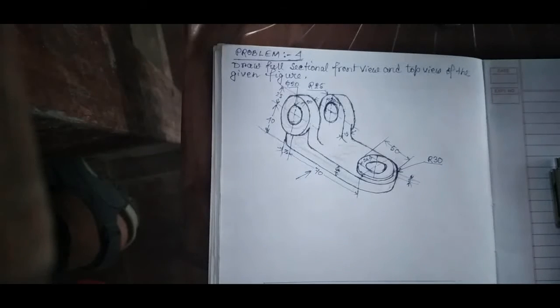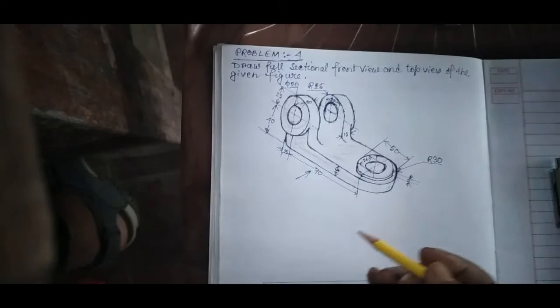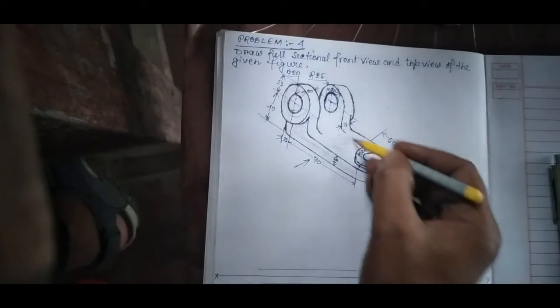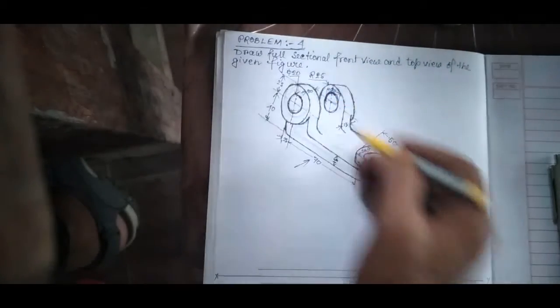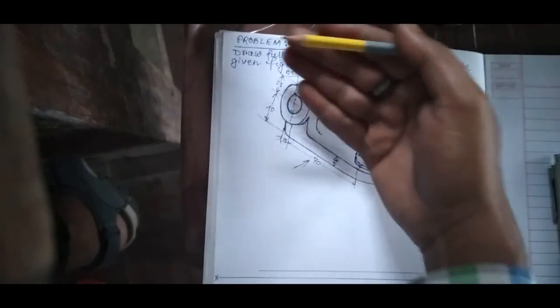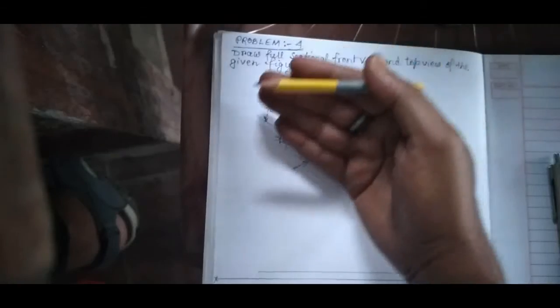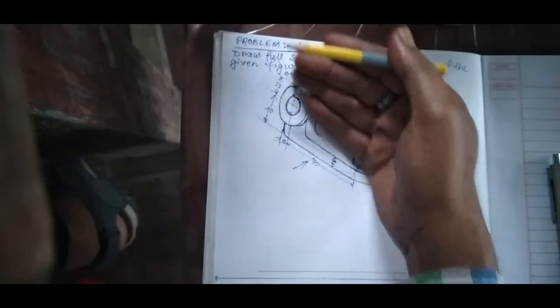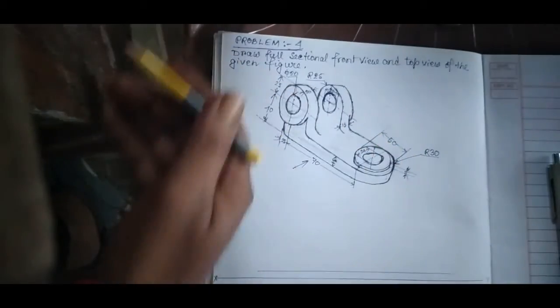First of all, we draw the front view. If we cut from this side, full section means we have to cut it fully and divide this component into two equal parts from that side, and remove the front portion.